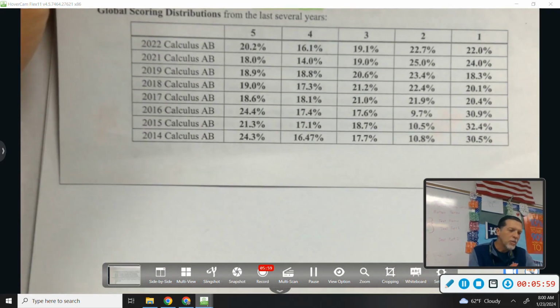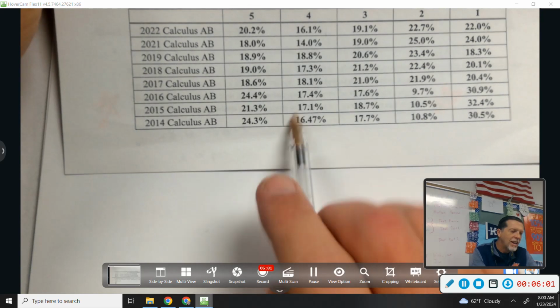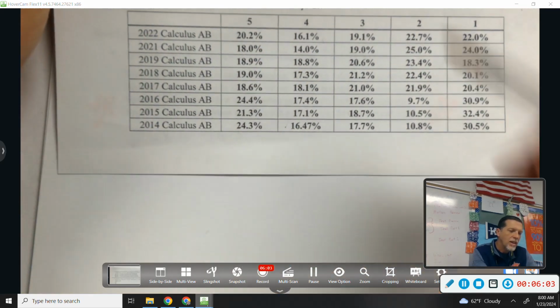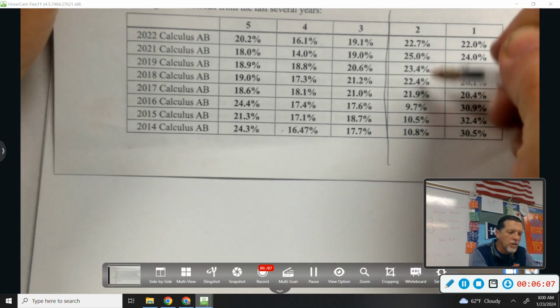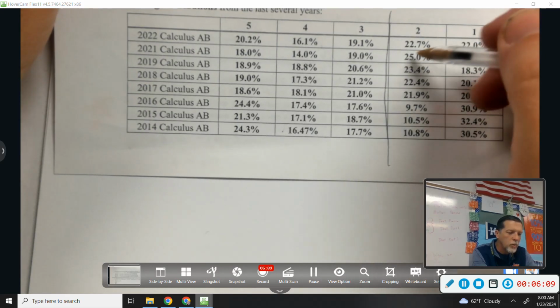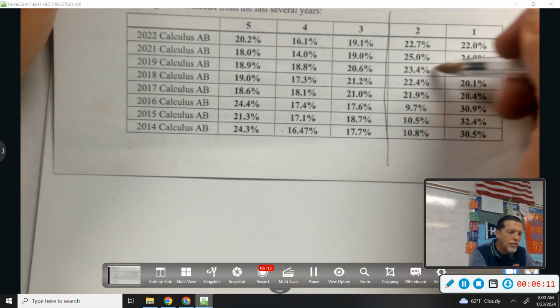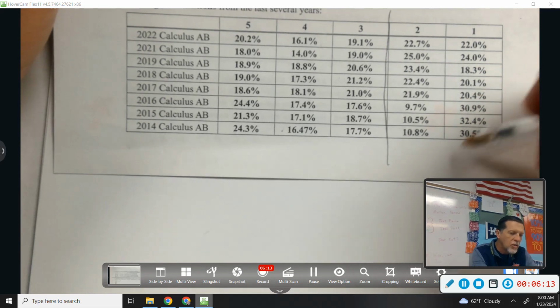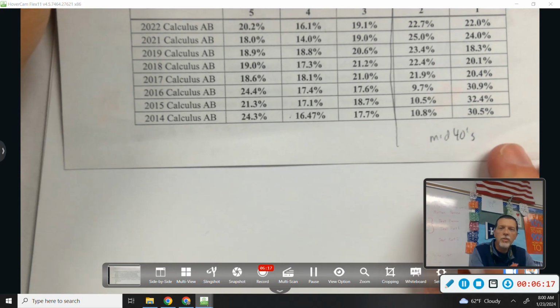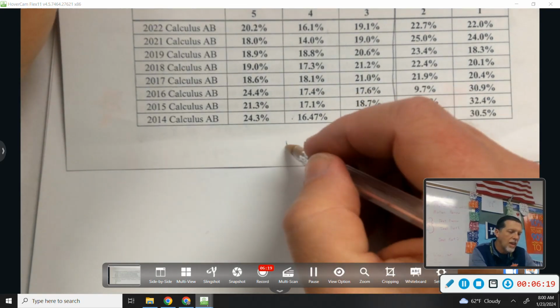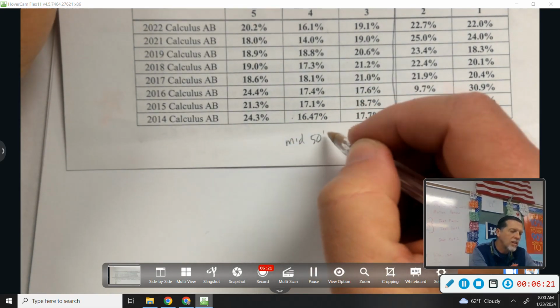Global scoring distributions, you don't really need to see all of that. Generally speaking, about 44, 49, 41, so mid-40s don't pass, which means mid-50s do pass.